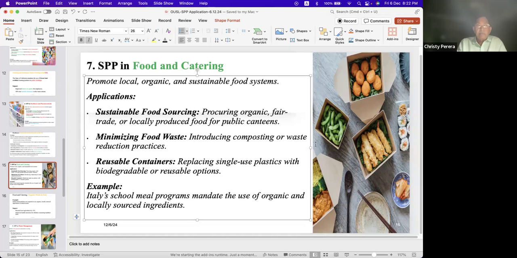Minimizing food waste. Introducing composting and waste reduction practices. Food waste. For my university students, I have one full lecture on sustainable procurement and food waste. I will give you one example.